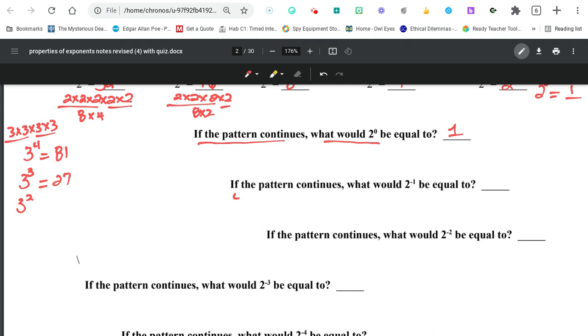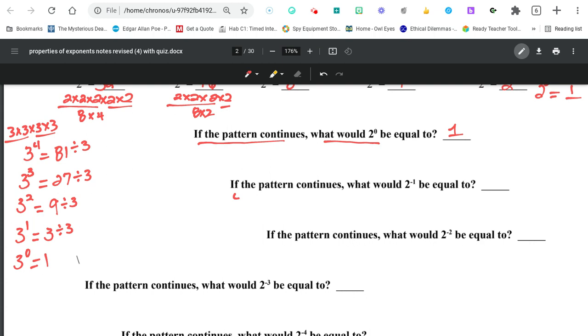Let's keep decreasing our exponent. 3 squared is 9. Am I dividing by that base of 3? Yep. 81 divided by 3 is 27. 27 divided by 3 gives me that 9. 9 divided by 3 should be 3 to the 1st power, which is 3. And 3 divided by 3 should give me 3 to the 0 power, which is 1.